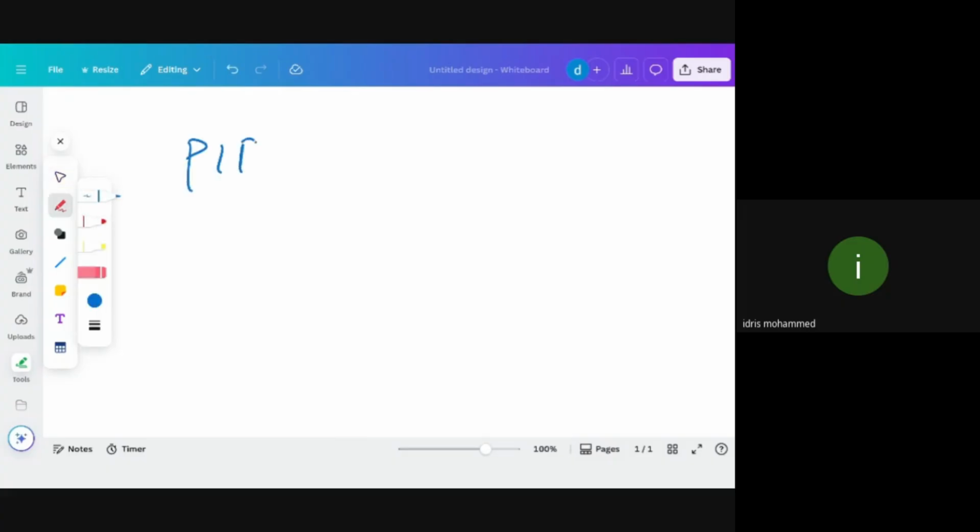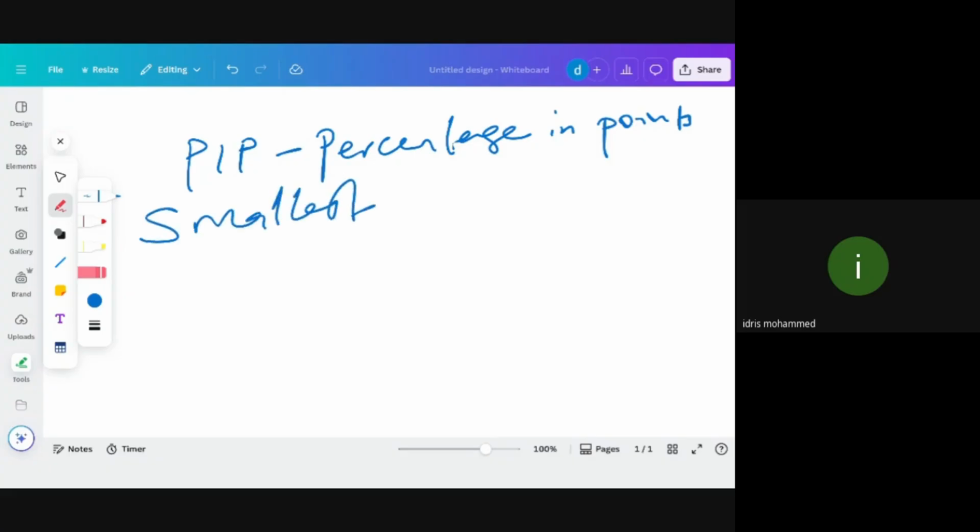PIP is percentage in point, and the meaning of pip is just the smallest change in price.